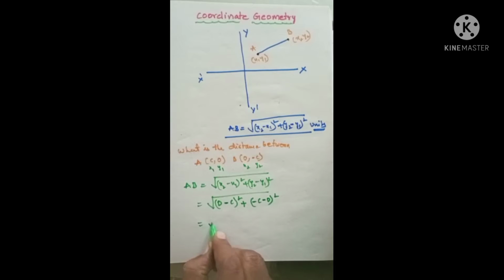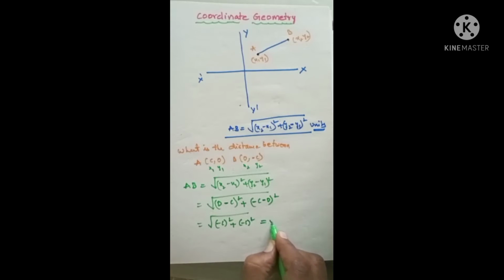That is minus c whole square plus minus c whole square, which is c square plus c square, that is under root of 2c square. So this is root 2 c, because the square root of c square is c. So the distance between AB according to the given question is root 2 c units, beta.